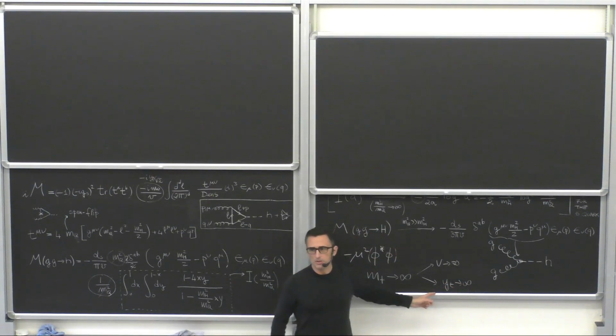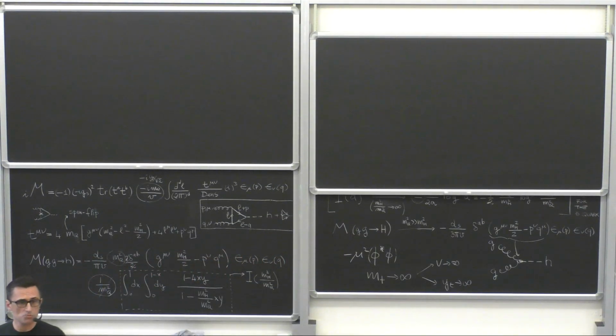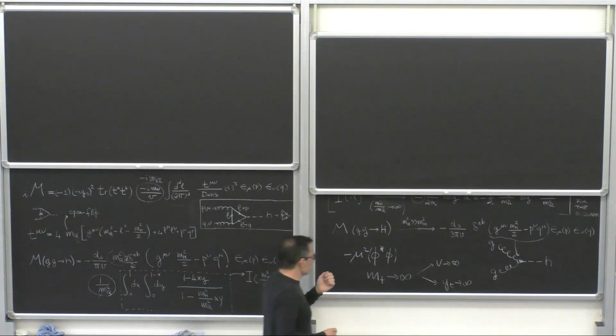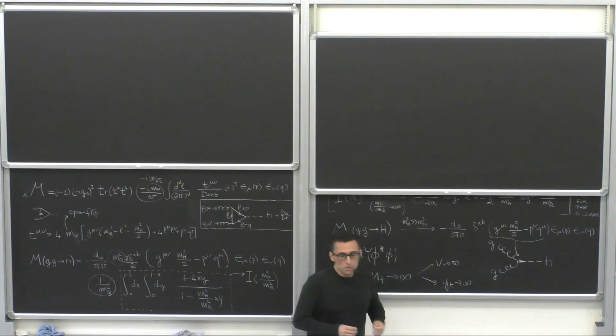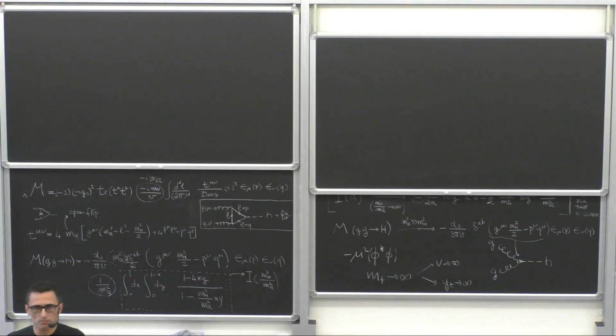But that's not the decoupling theorem. If you send the coupling to infinity in a renormalizable theory, you don't get decoupling. You get a strongly interacting theory. It's just a totally different animal. So that's the reason why we cannot send any of the particles in the Standard Model to infinity.